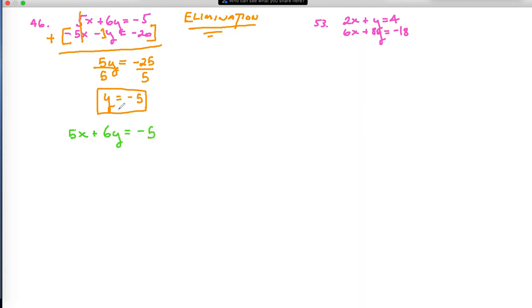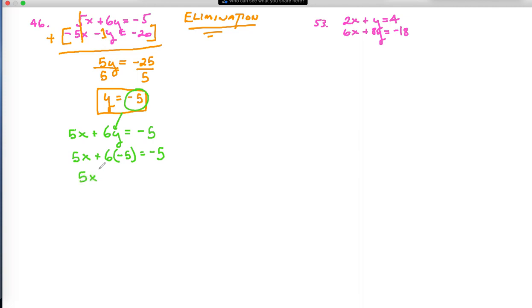So I rewrote it. But what do I know y is now? y is -5. So if I want to get x, I plug in what I know y to be. y is -5. So 6 times -5, because instead of writing y, I write -5, equals -5. And I solve this equation for x.